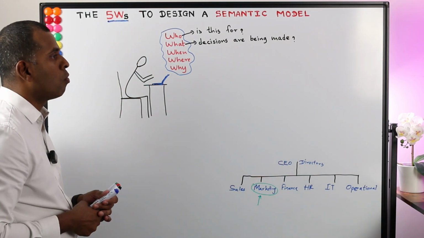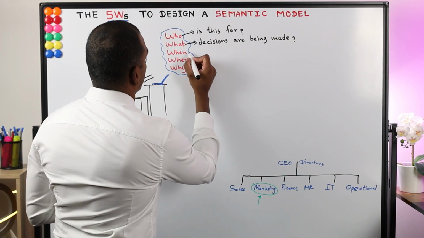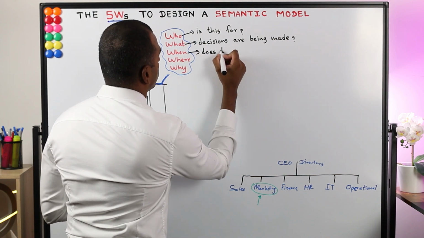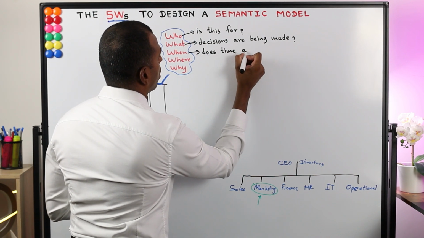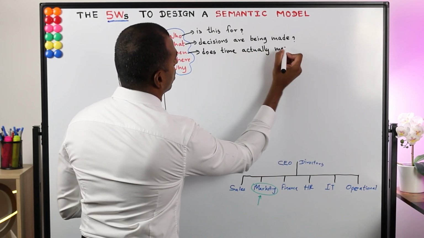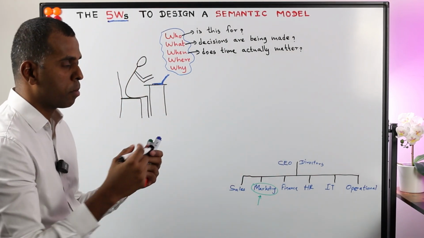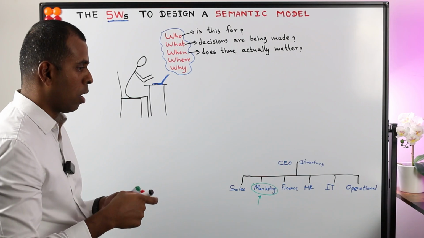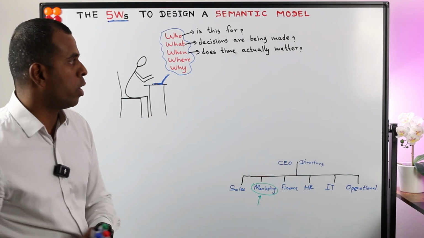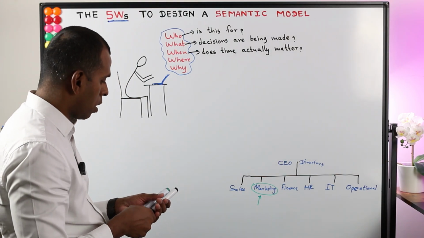Then, when does time actually matter? For that particular dashboard, what is the period of the data, let's say 2010 to 2025, like that. Then the next W is where does the data come from?